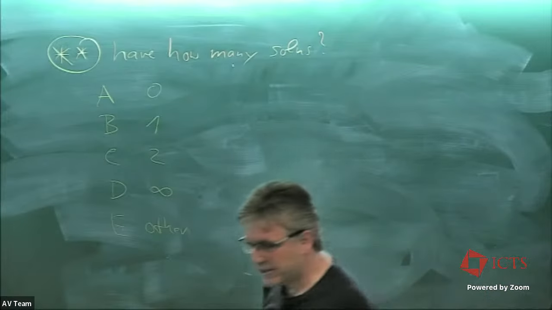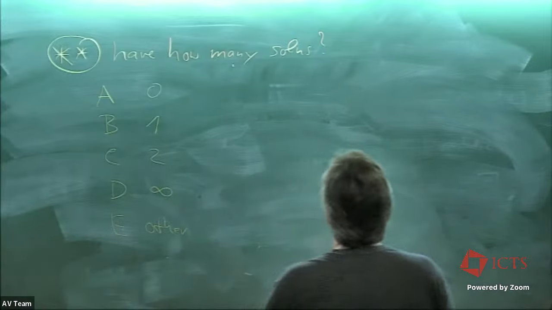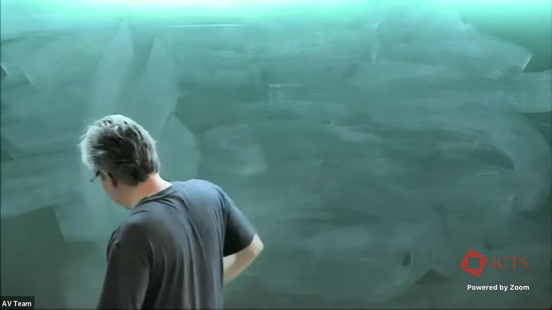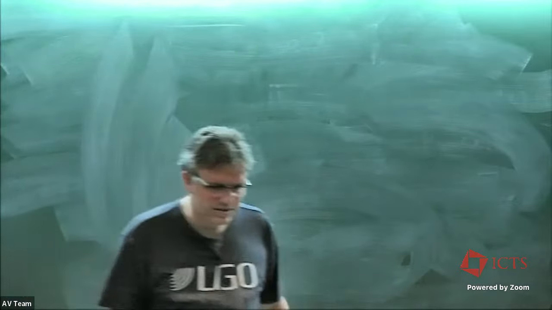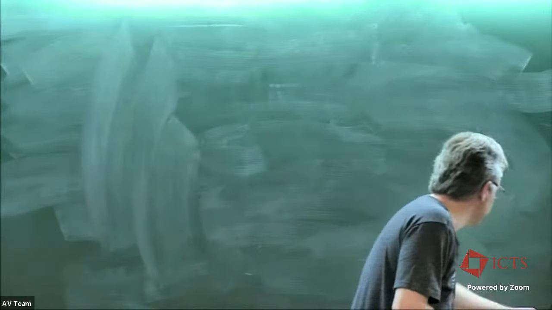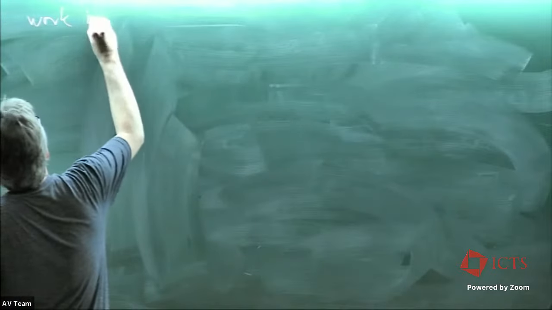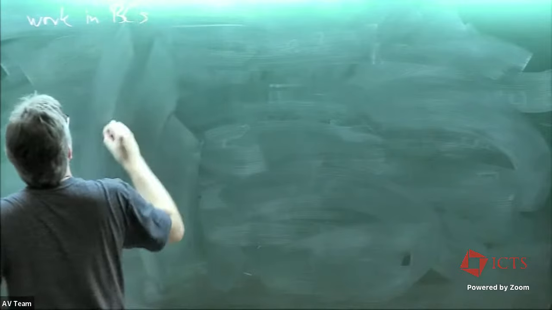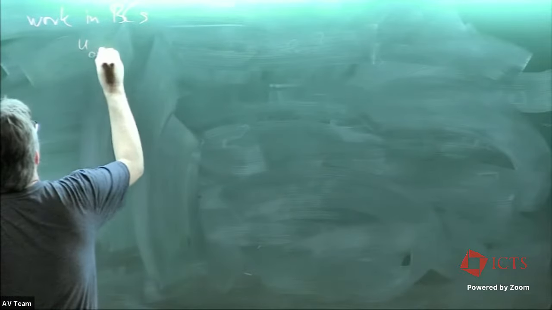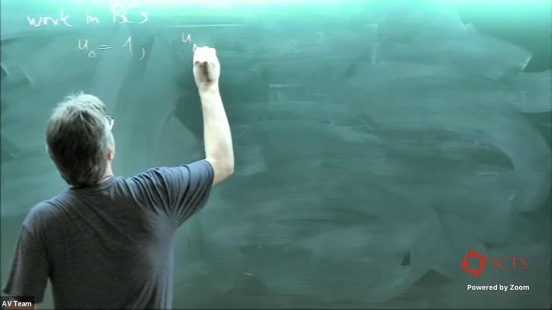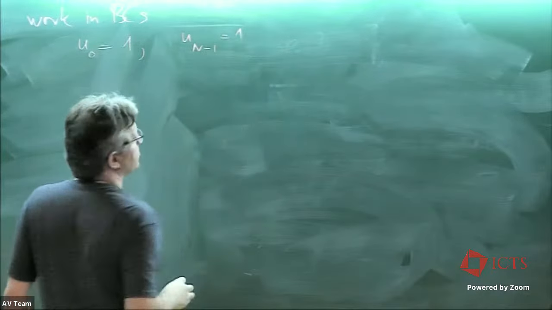But in any case, we can remove all of this ambiguity by putting in the boundary conditions. So let's work in boundary conditions. Our boundary conditions are that the first u is 1 and the last u is 1.